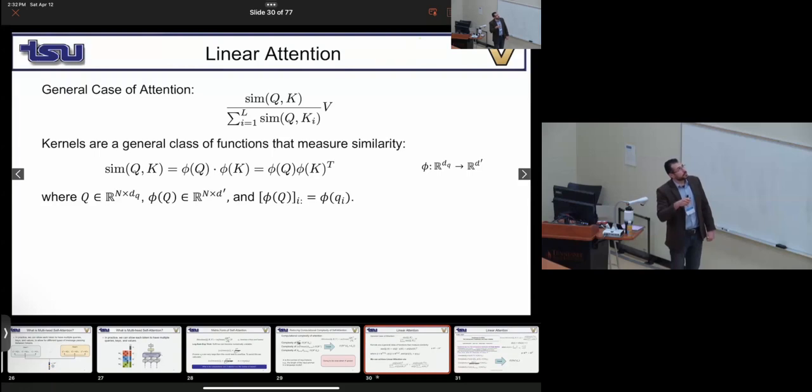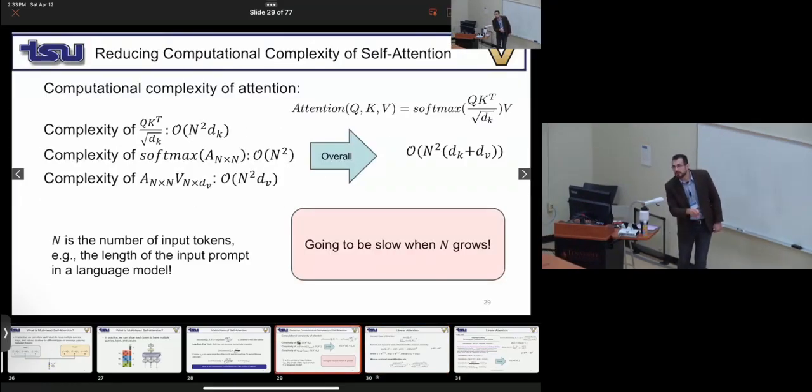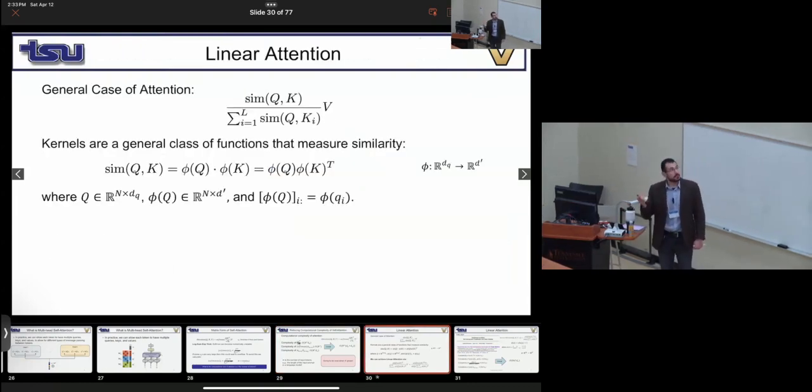I can write the equation that we have for self-attention in a generic form, as a similarity between queries and keys divided by normalization, and this normalization is over the rows of this K matrix. This is a different way of writing what I had there. That softmax is essentially calculating the similarity and doing a normalization. So now, is anyone familiar with kernel methods in core machine learning?